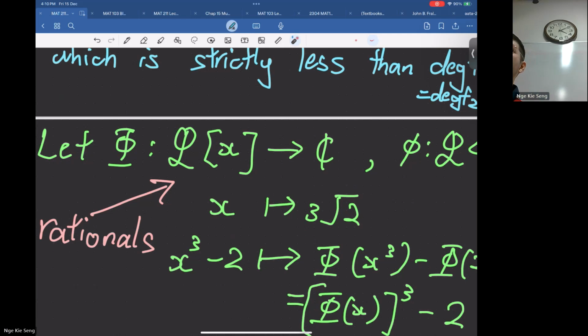Law of composition of X. No relation. X squared is defined as X times X. Let me think.